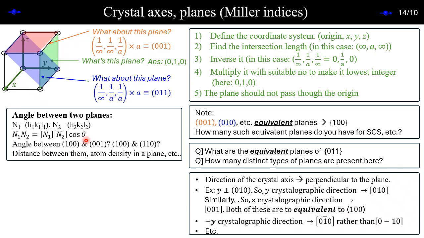Check if I take these two planes, say 100 and 001. What would be the angle between them using this formula? Are you getting 90 degrees? Making sense, right? What about if I take this plane 110 and 001, and 100, what will be the angle? 45? Are you sure this will be 45?